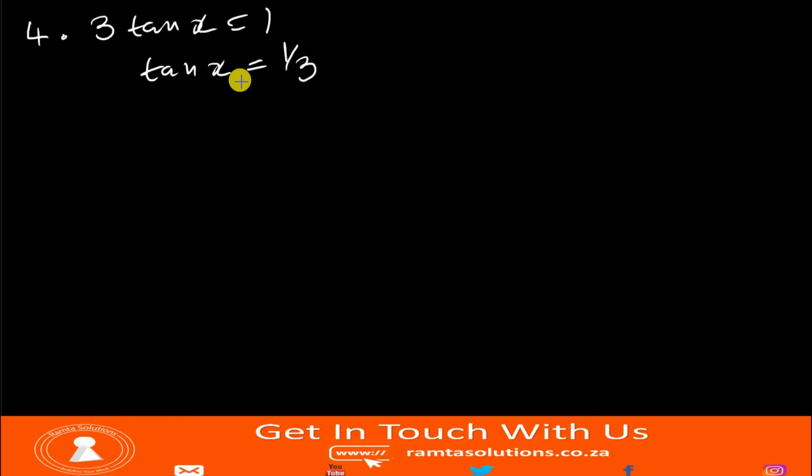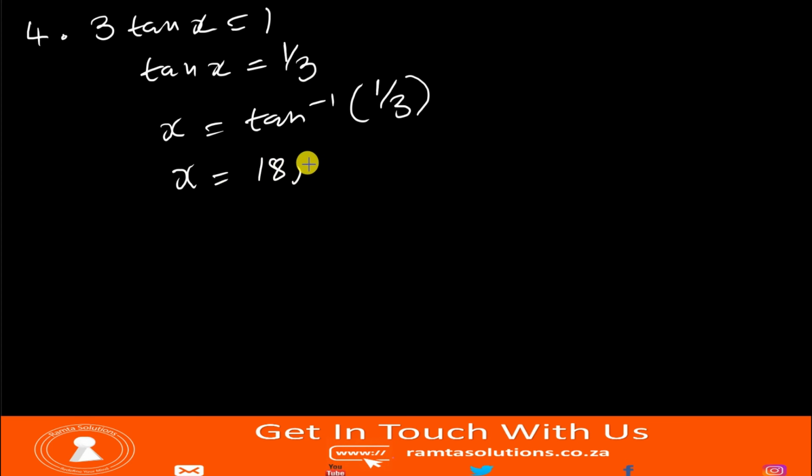Therefore, by saying tan x equals 1 over 3, we can now find x, which is inverse of tan of 1 over 3. Let's get it. Okay, what is our answer? Our answer is simply 18.43 degrees. Right? Perfect.